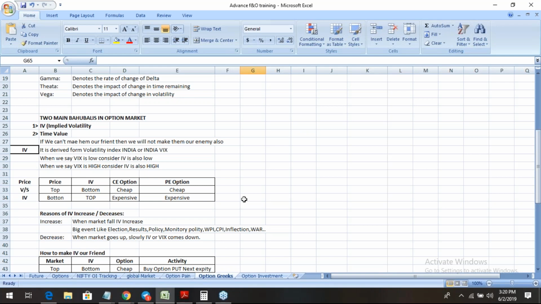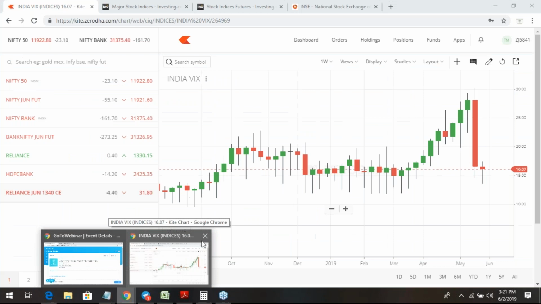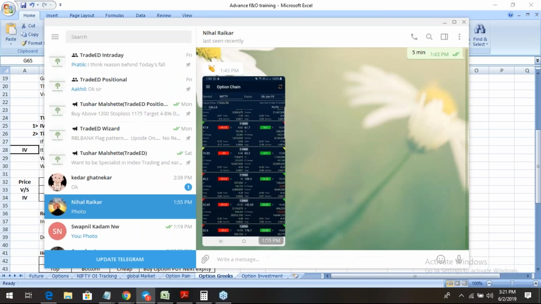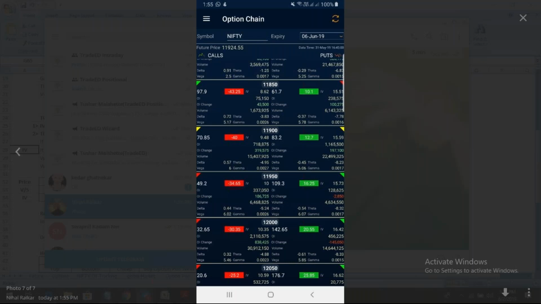For selecting which options to buy, how we can calculate theta? For selecting which options to buy, I have already told you guys. Delta should be written down, right?